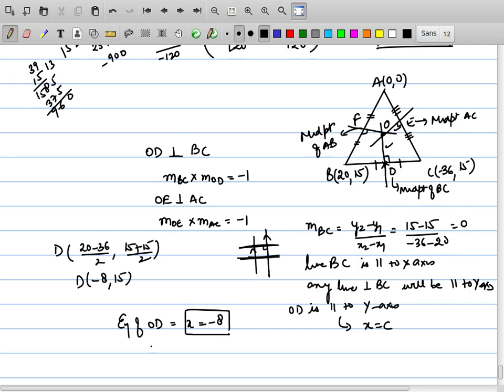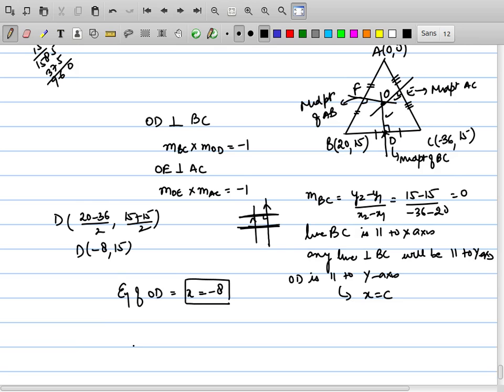Now we have found out the equation of one of the perpendicular bisectors. A similar process will be applied to find the other perpendicular bisector. Now we know the slope of AC. Slope of AC is what? We can use the two-point form. (15 minus 0) upon (minus 36 minus 0). So 15 upon minus 36, which is minus 5 by 12. We can apply this.